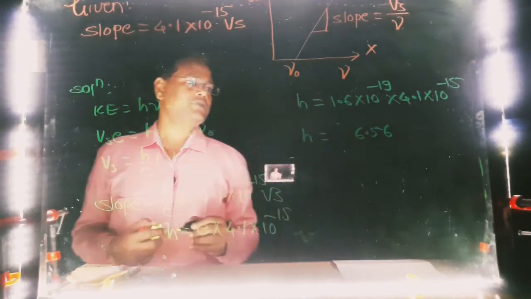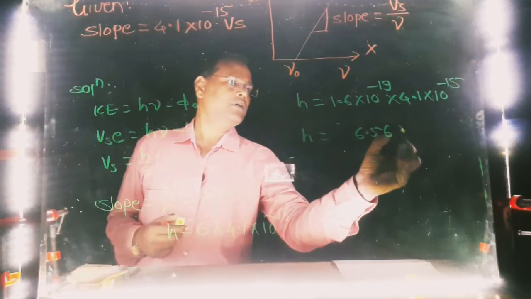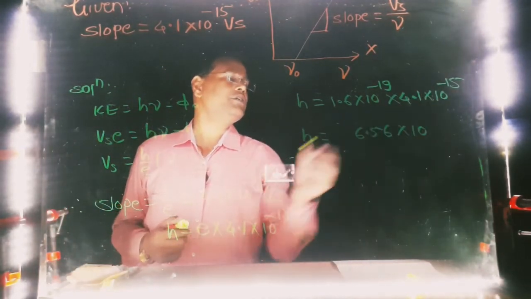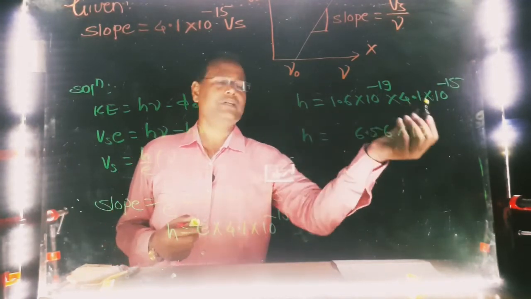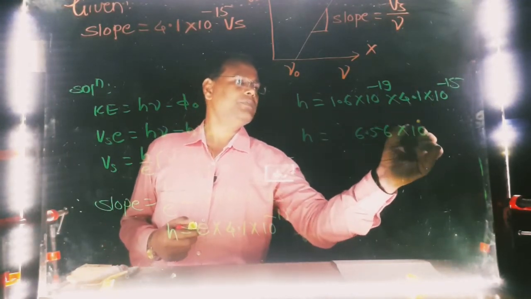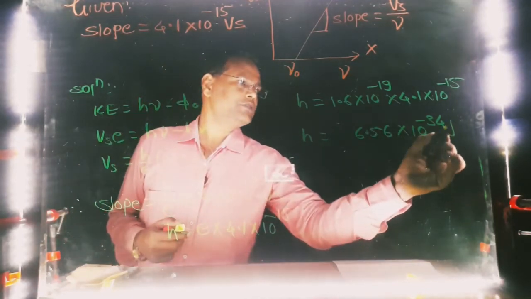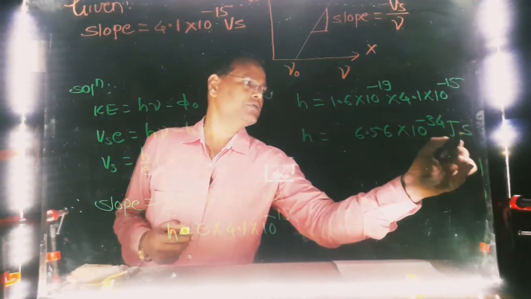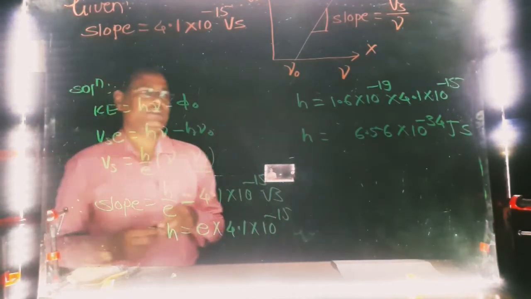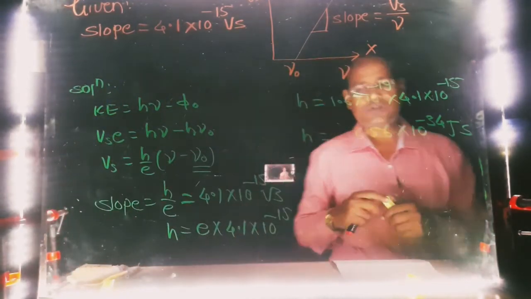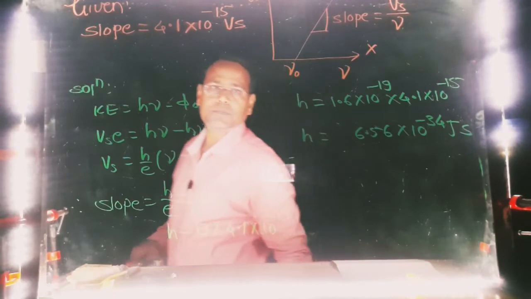Decimal point is here. 6.56 into 10 to power of minus 19 minus 15, it is minus 34. Its unit is joule into second. So this is the value of h, Planck's constant, as per the given problem.